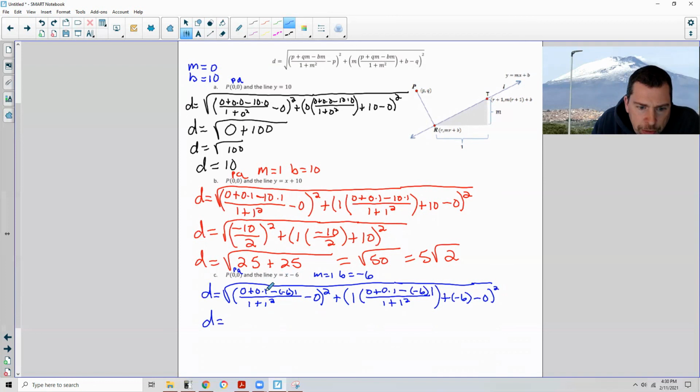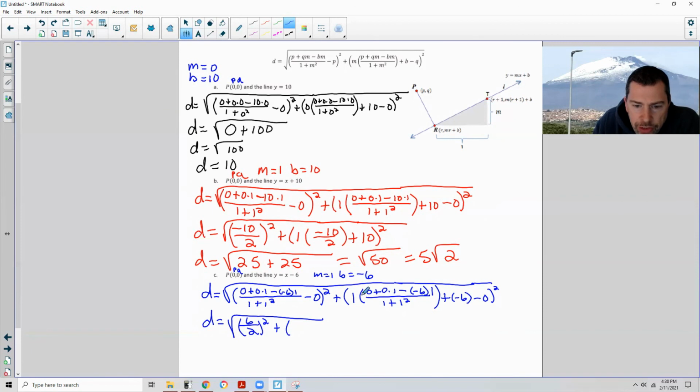So 0 plus 0 times 1. Well, 0 times 1 is 0. 0 plus 0 is 0. Minus a -6 is a +6. So from all of this up here, I simply got 6 over 1 plus 1 squared is 1. 1 plus 1 is 2. Minus 0 is just simply 6 over 2 squared plus parentheses 1 times this.